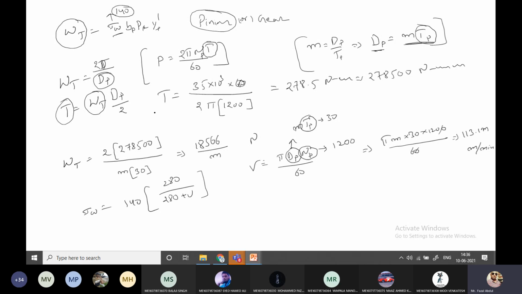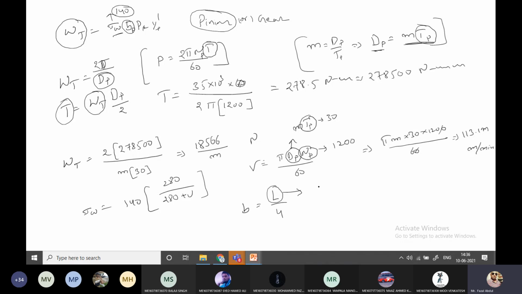Now this one we calculated. Next, the face width of the pinion. The face width relation is given as L by 4 in the question. Here L means the slant height of the pitch cone.